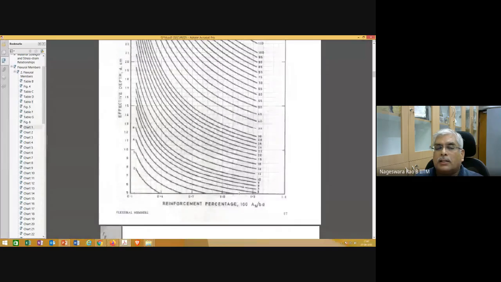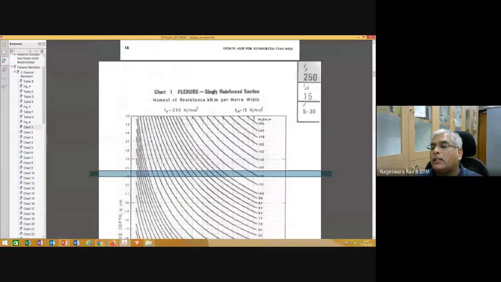Okay, so this chart is given for Fy equal to 250 and FCK equal to 15.